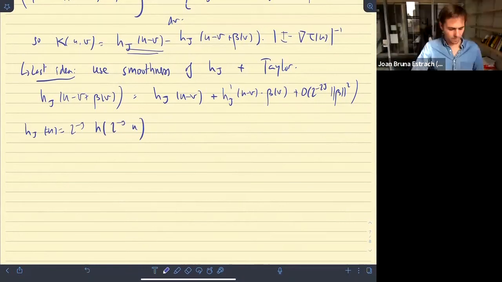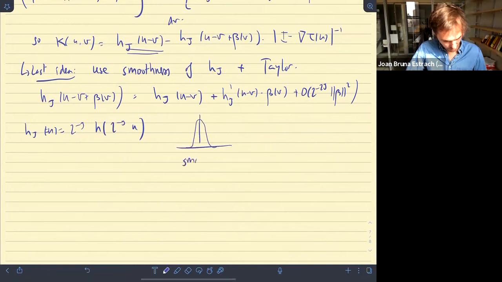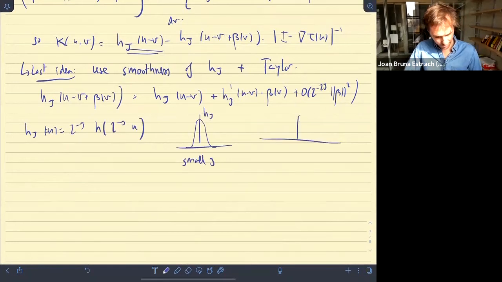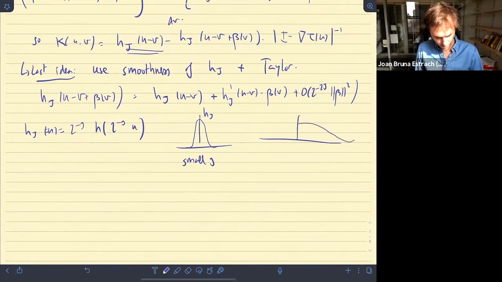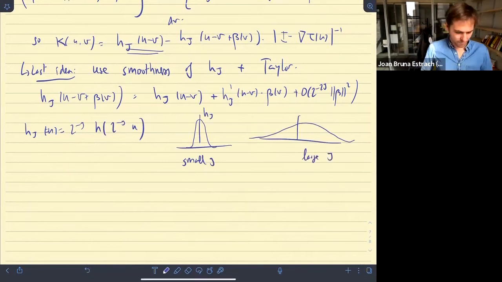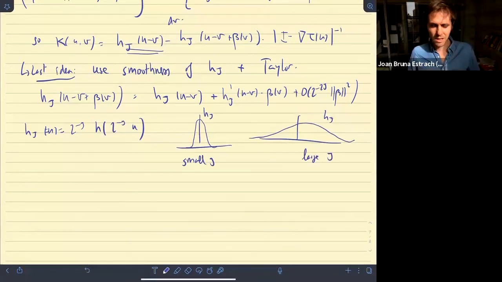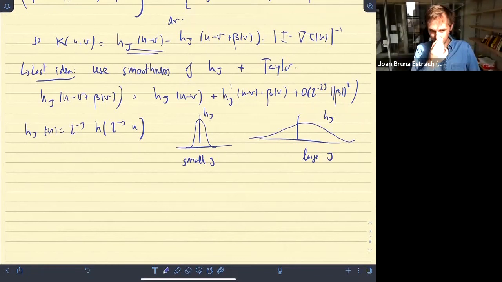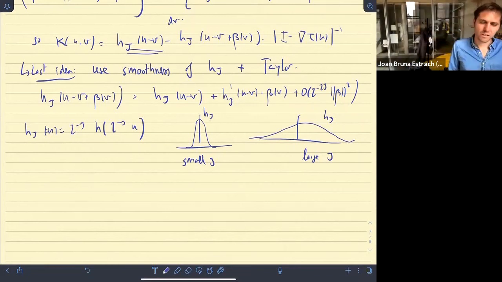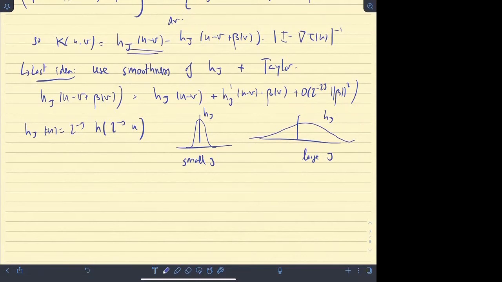So the bigger j, if you make j bigger, what happens with this filter, with this window? It just becomes more dilated, like this is large. So what happens as I make this thing more and more stretched? What happens with the derivative? It becomes smaller, it goes to zero.